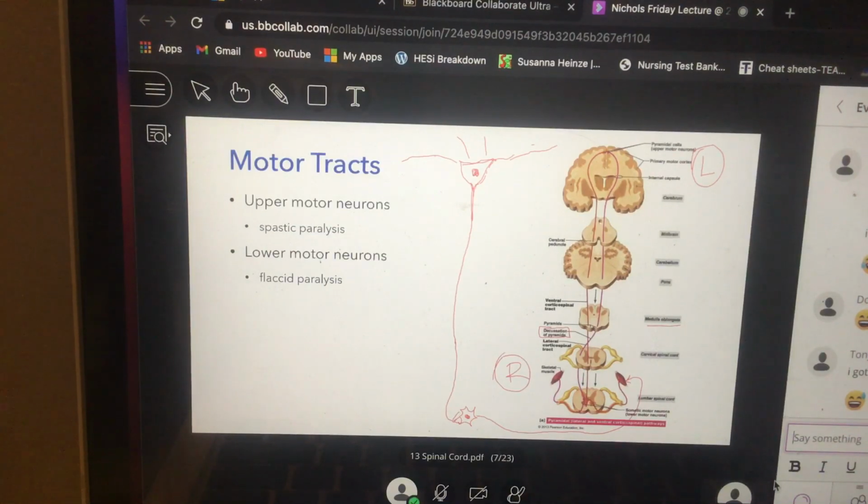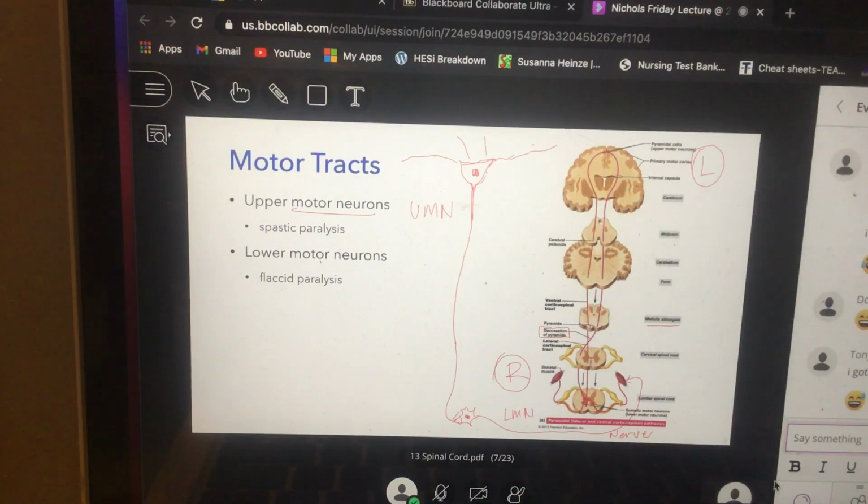So we have 2 neurons in the pathway called an upper motor neuron, and this one down here that leaves the spinal cord called the lower motor neuron. That lower motor neuron is mostly within the nerve that goes to the muscle.